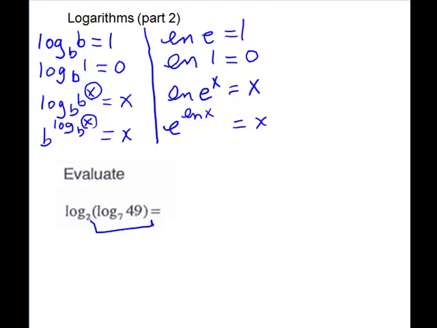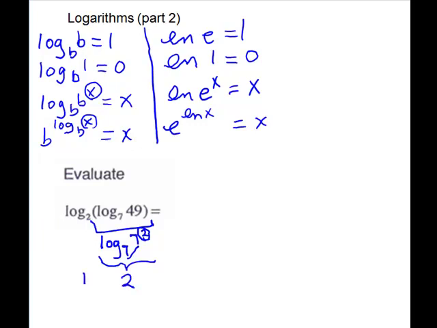So if we can rewrite 49 in terms of 7, so the log base 7 of 7 squared. This will use our log base b of b to a power. So these are the same. The answer to this part is 2.